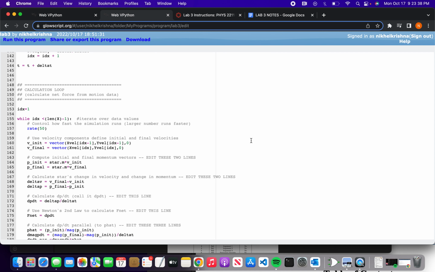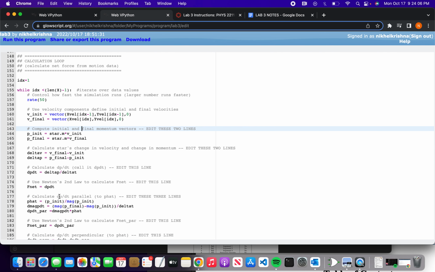Into our while loop in our trajectory, where we calculate our initial and final momentum that we will be using for our net force by multiplying mass times velocity. And the change of momentum over change of time is equal to the net force due to Newton's second law of motion.